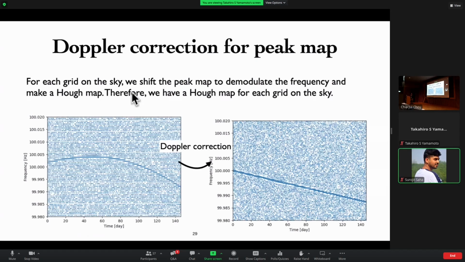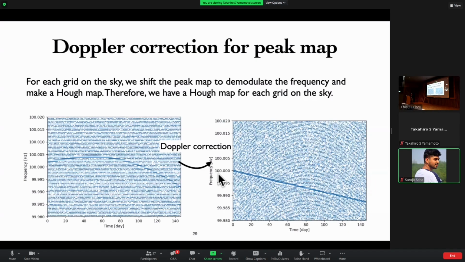So we carry out this Doppler correction for each grid point on the sky. We assume that if we pick the correct source position, then after Doppler correction, we will have a straight line in the time frequency domain.